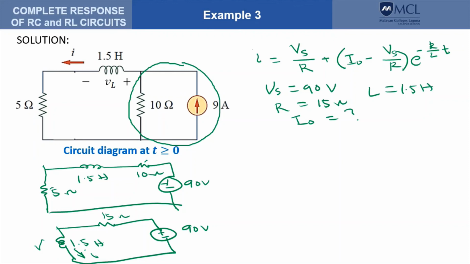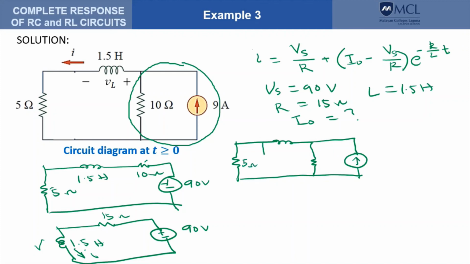So we go back to the circuit before the switch is open. So this is the circuit. So this is, I think, 5 ohms, and the switch is closed. Okay, this is 10 ohms, and this is 9 amperes.